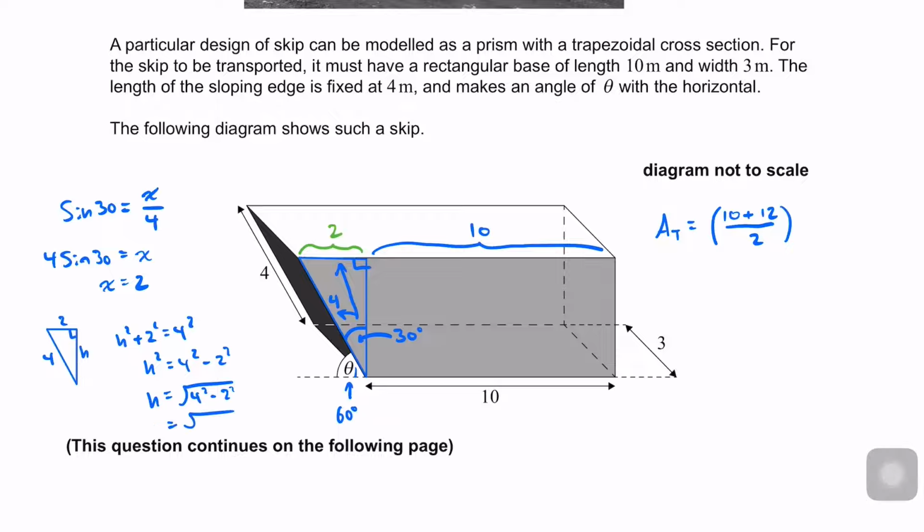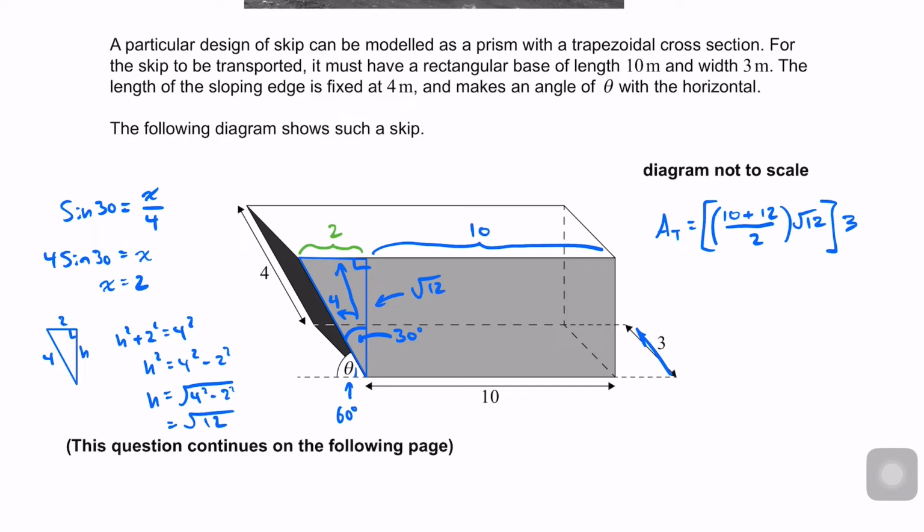Or 16 minus 4 is just going to be root 12. So that's our height, essentially, is root 12. And then this is all multiplied by the extension of 3.